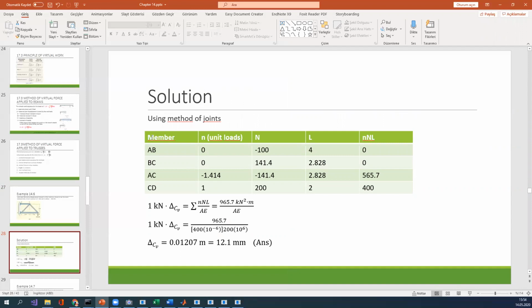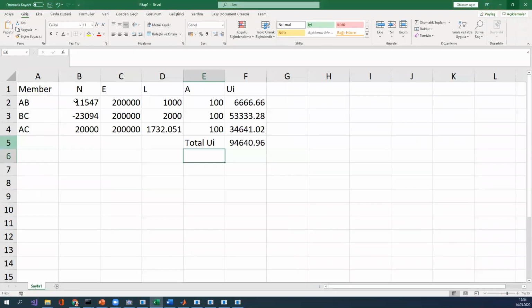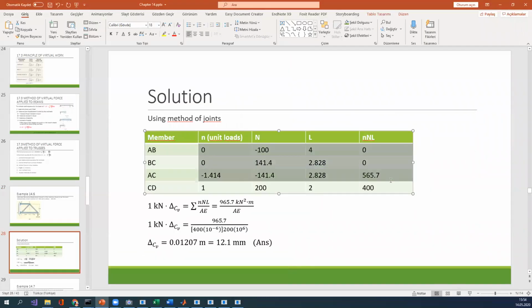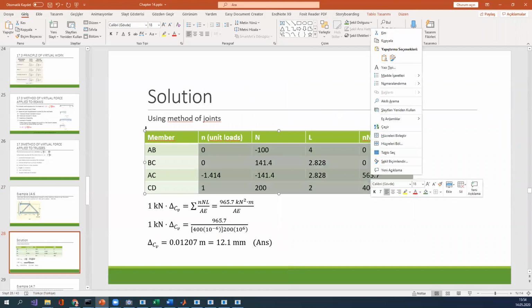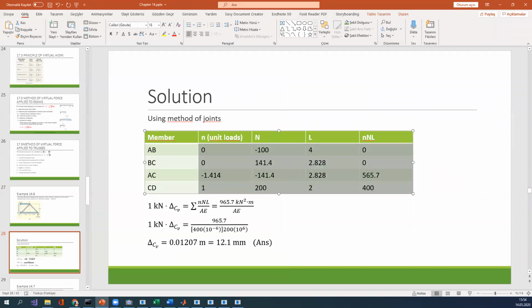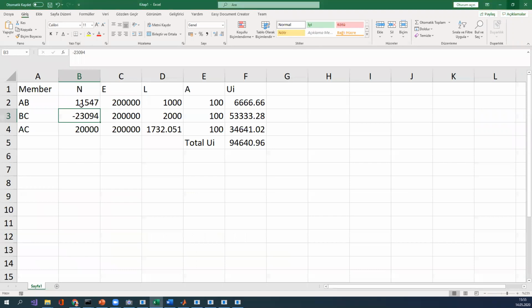Okay, now I generate the table. I want to copy and paste into the Excel file if I can be successful. Actually, where is my slideshow here? You remember? Is it this? I can delete this part.